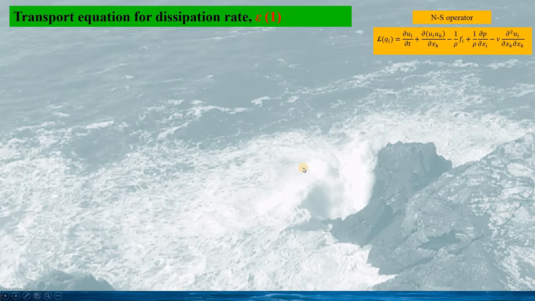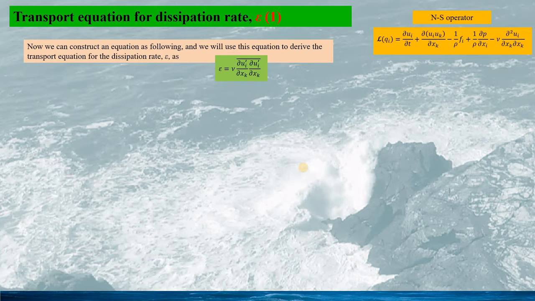Now, in this slide, we can use the Navier-Stokes operator to construct an equation for the dissipation rate epsilon, defined as this. So the constructed equation is given as this. Here, L(Qi) is the Navier-Stokes operator for the component Qi.